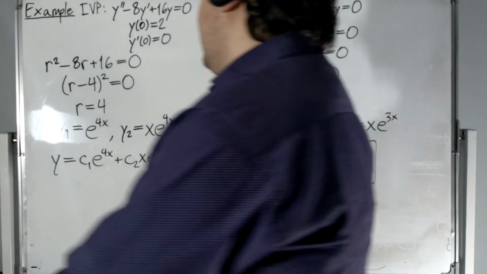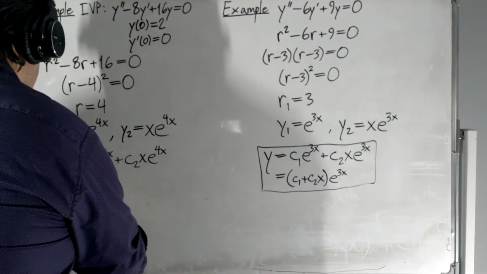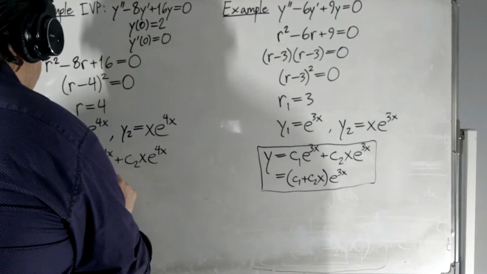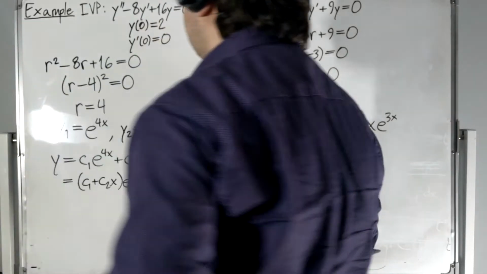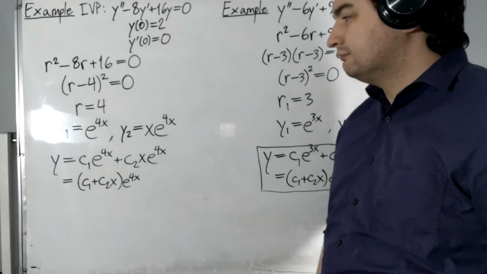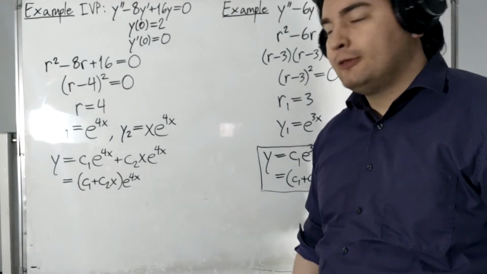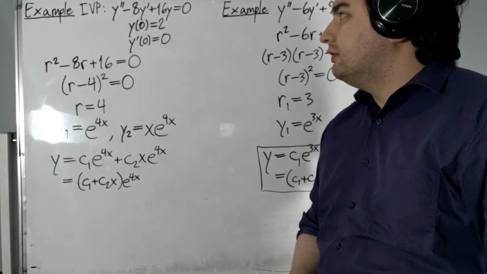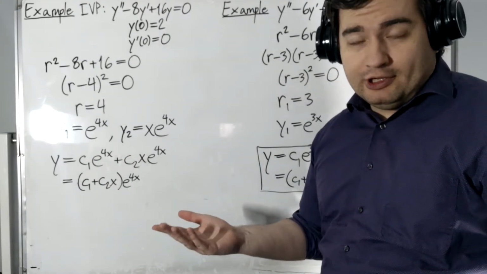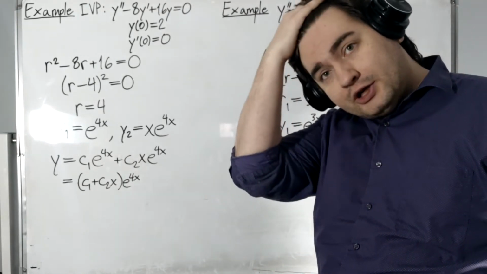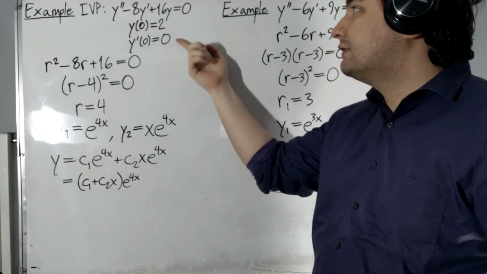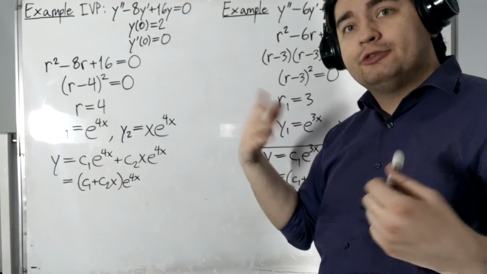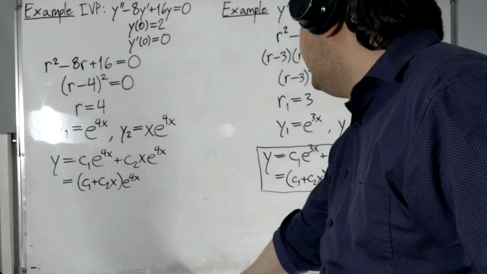And again, this can be written as (c1 plus c2 x) e to the 4x. Now, we're not done, because we've just found the general solution, whereas the initial value problem is asking for a particular solution that satisfies these 2 conditions here. So let's continue.